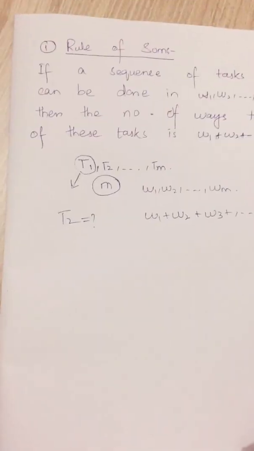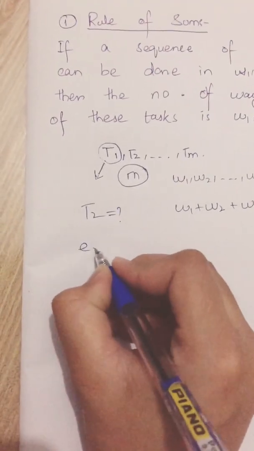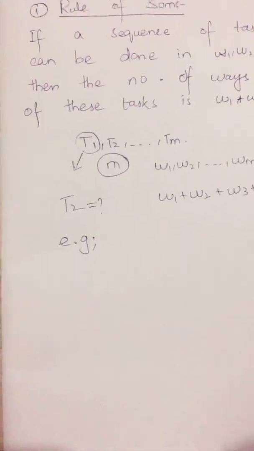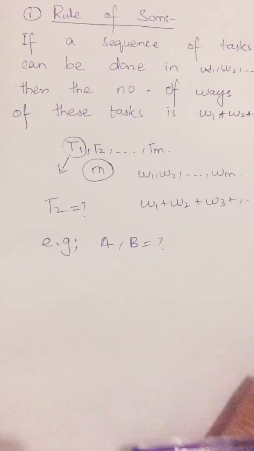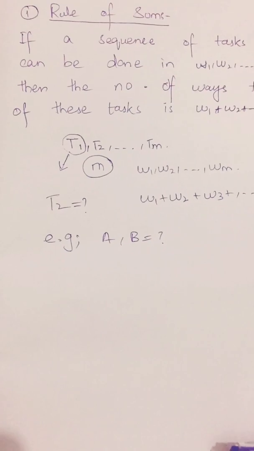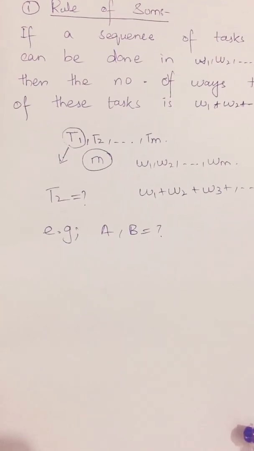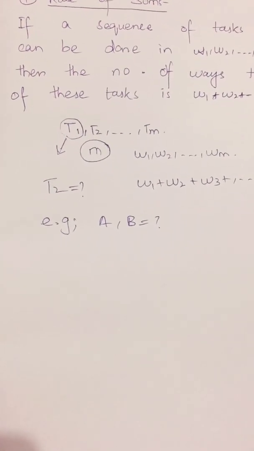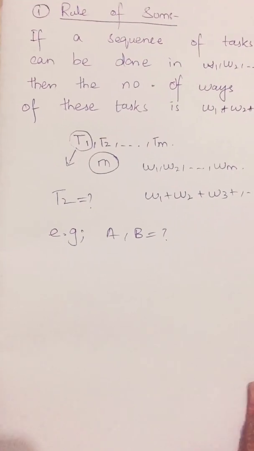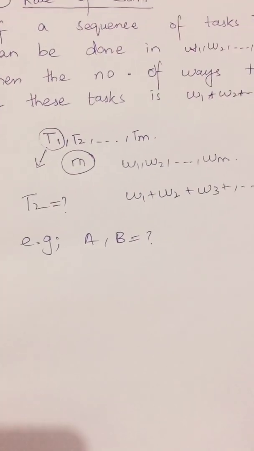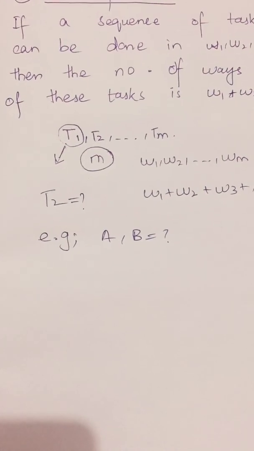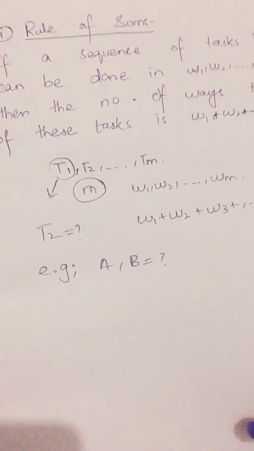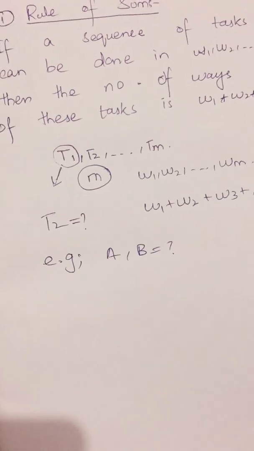Okay. So for example, if I have 2 tasks A and B, mathematically how can I explain it, or find the number of ways to do these tasks? If you have 2 tasks like A and B, then what would be the formula?